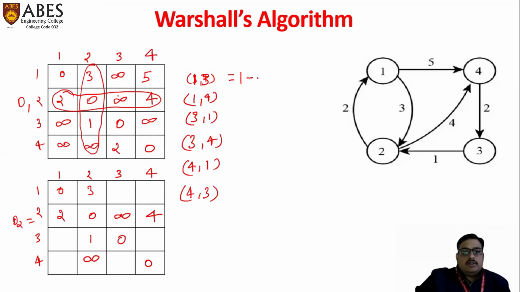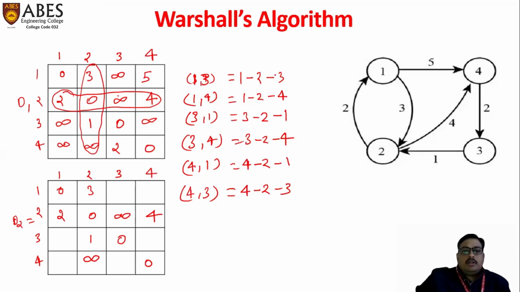So for this, D1 to 2 and then 1 to 3. This one is 1 to 2 and 2 to 4. For this one, 3 to 2 and 2 to 1. Again, for this, 3 to 2 and 2 to 4. Here, 4 to 2 and 2 to 1. And here 4 to 2 and then 2 to 3.